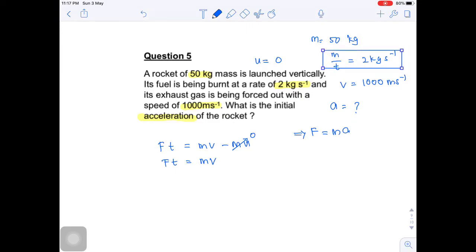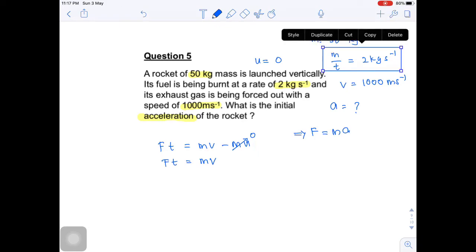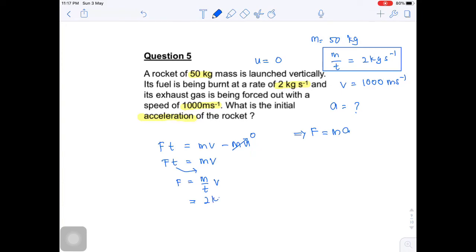Okay, as the information given, we have m divided by time. So we have to transfer this time to here. So F equal to m over t times v. So m over t is 2 kg s^-1 and v is 1000 meter per second.